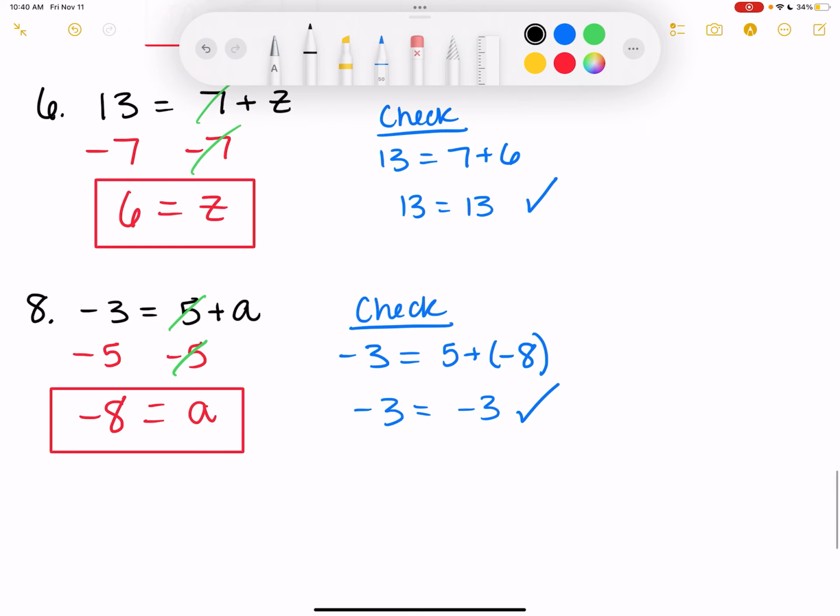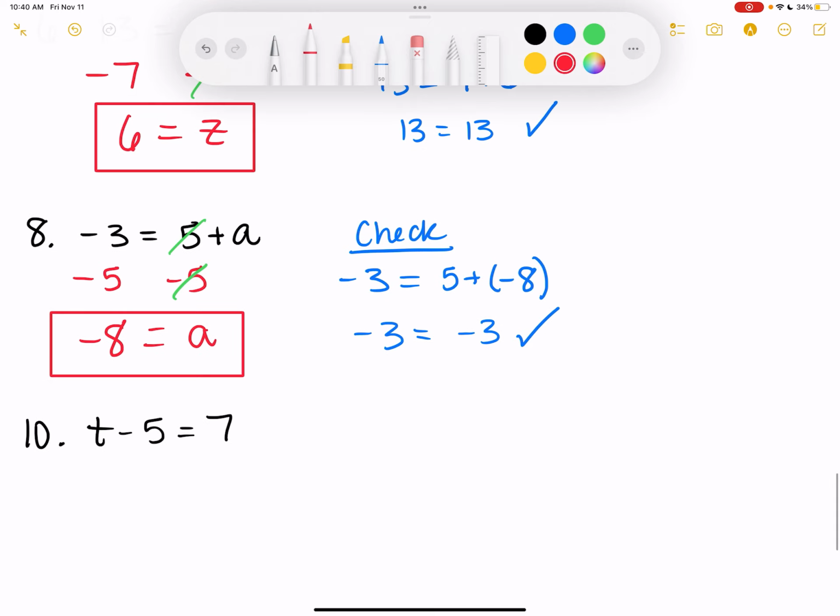Number 10, t minus 5 equals 7. So what do I do with this one? Plus 5. Yep, 5's on the left, cancel.